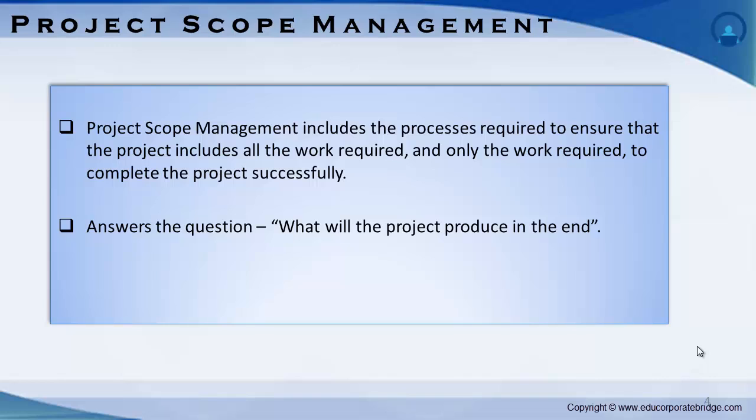Please note the phrase only the work required to complete. This means that project scope must include only the work that needs to be done to achieve the project objectives. PMP does not approve any extra work to be done over and above what is required to be done.